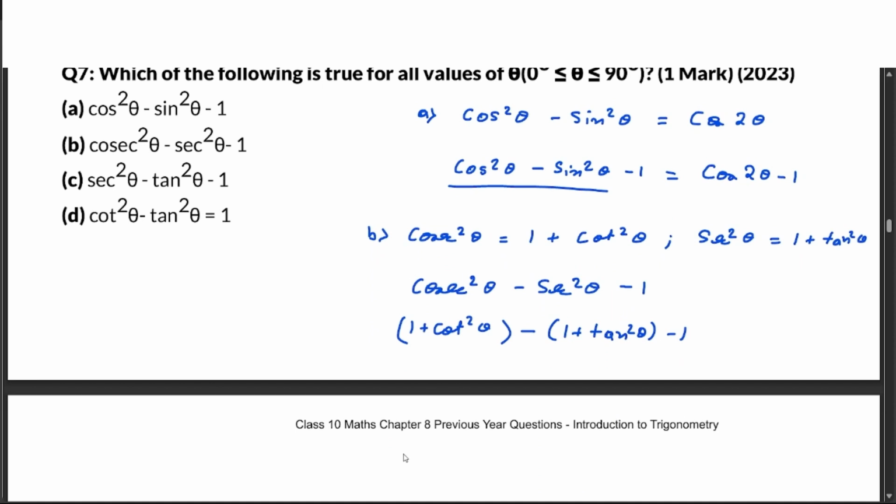So if we solve this one, what will we get? When we open the bracket, you will get 1 plus cot square theta minus 1 minus tan square theta minus 1.